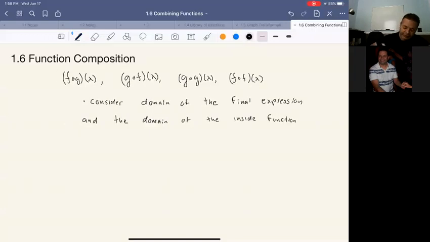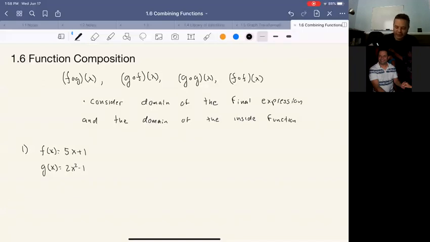So the first problem we're going to have is we're going to take f of x equals 5x plus 1. G of x is 2x squared minus 1. So there's no domain issues.